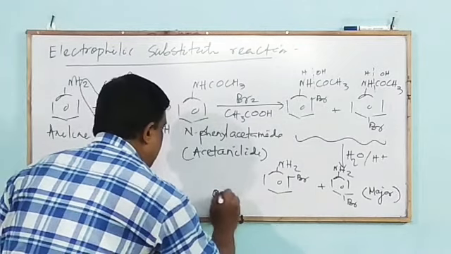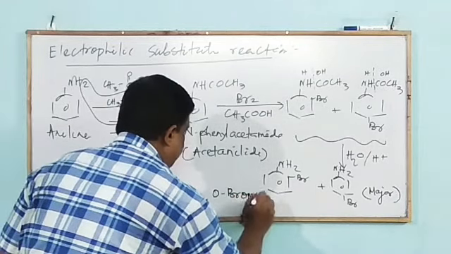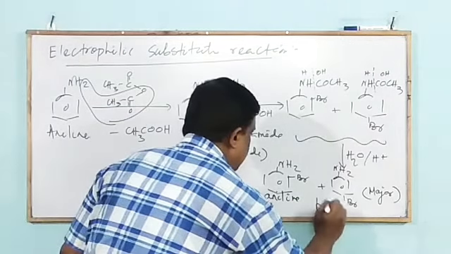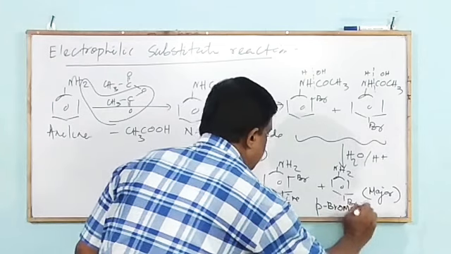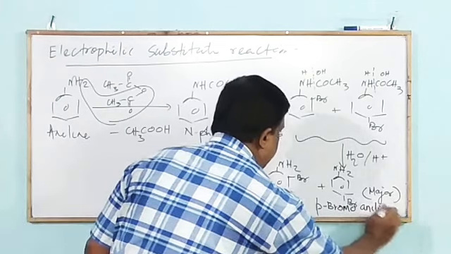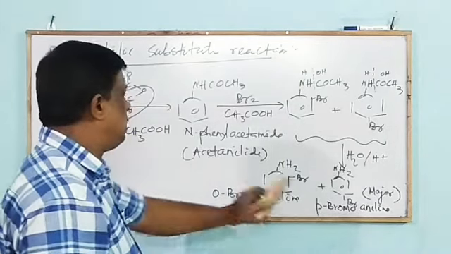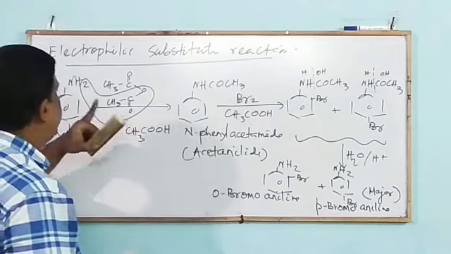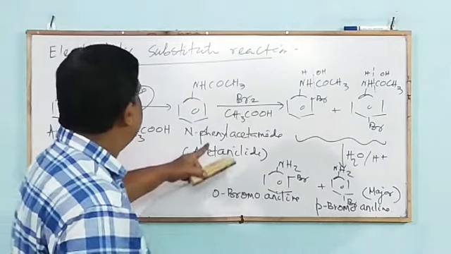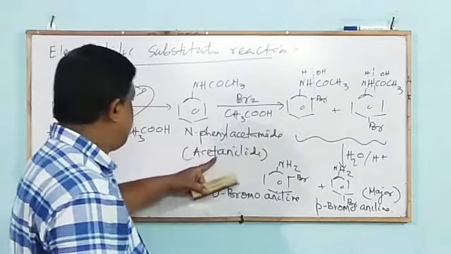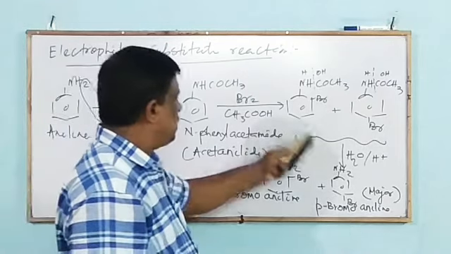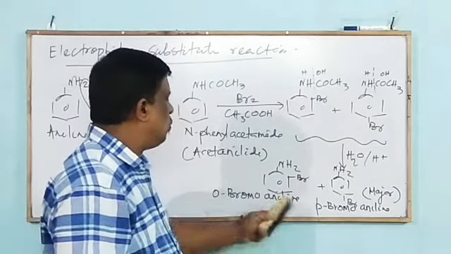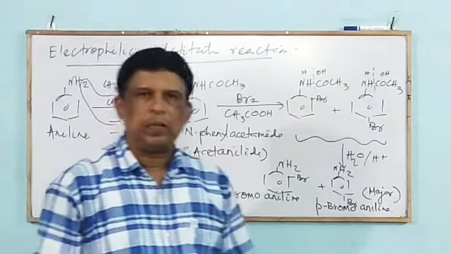Its names are o-bromoaniline and p-bromoaniline. I repeat again, the para isomer is the major product. So first aniline is protected by acetylation to form N-phenylacetamide or acetanilide, then this group is removed by hydrolysis to form a monosubstituted product.